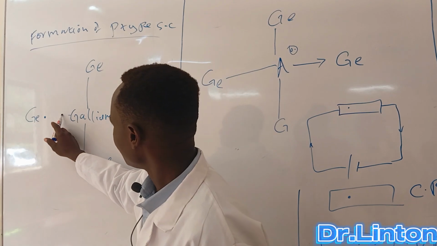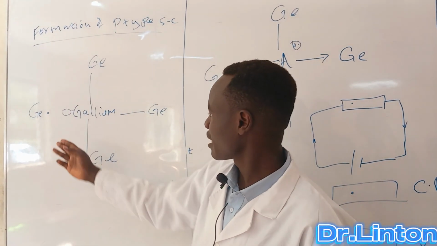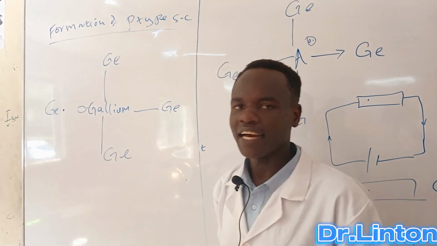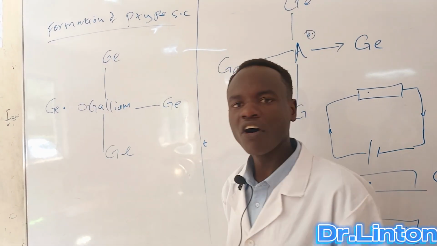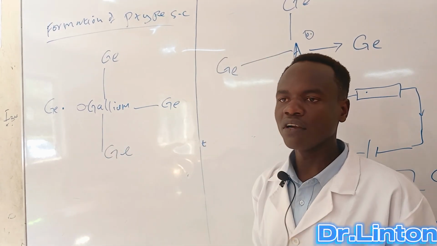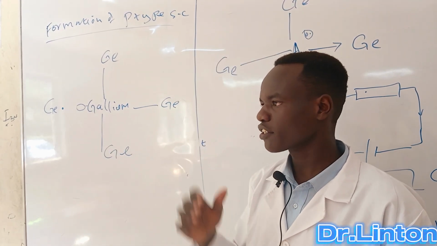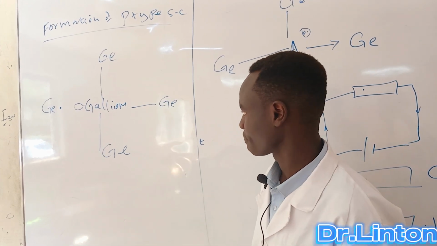But here is a hole. In simple terms, here is an incomplete bond. The 4th bond is incomplete. Meaning that if we introduce a small atom of gallium to a germanium crystal, a hole is created.